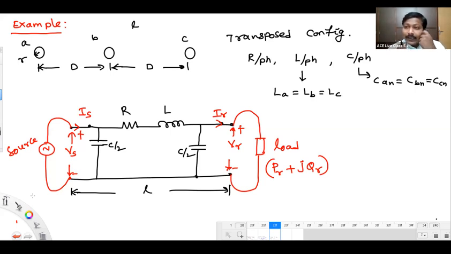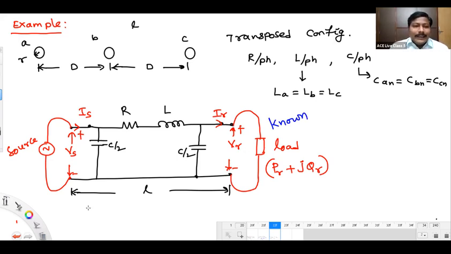At a given loading condition means the load kept at the receiving end must be given in the data. I should know the values of PR and QR as well as VR and IR. Else they will provide some of these values and we should be able to find the remaining numbers. So the receiving end side values are completely known for us.